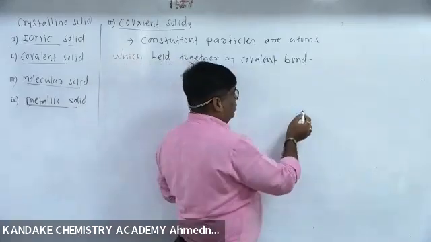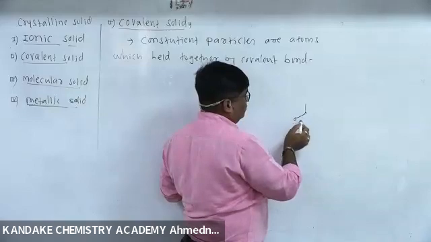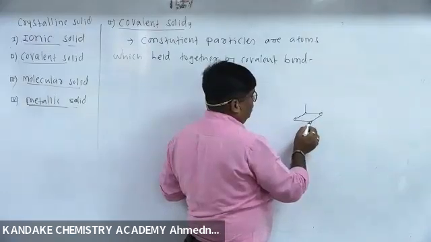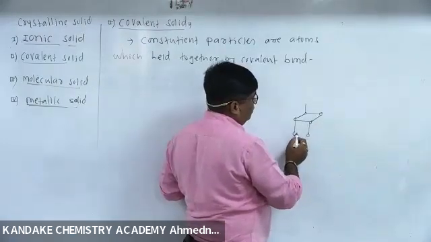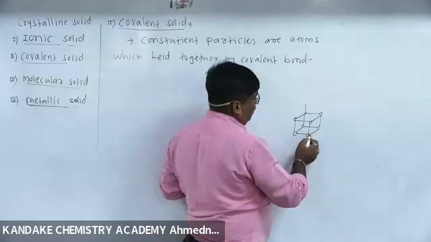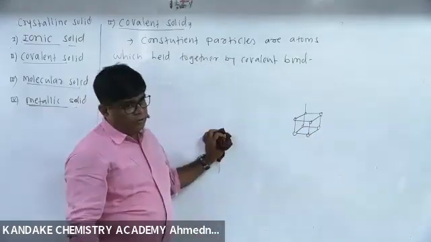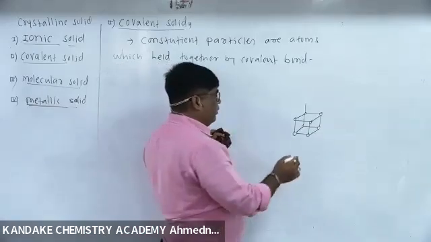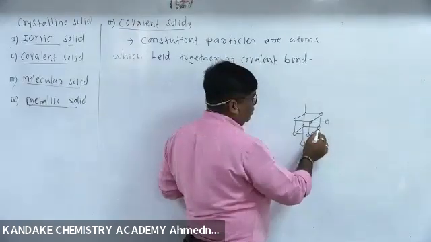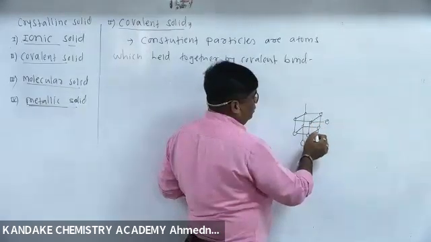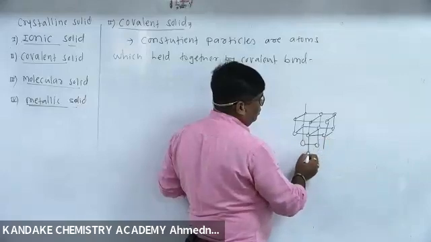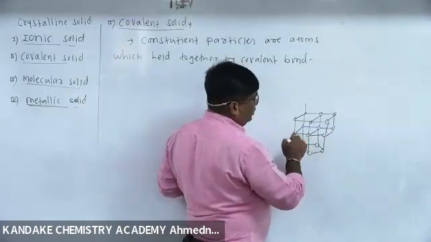Now when you're talking about this covalent solid, suppose this is the covalent solid. काय शेप दिसतो तुम्हाला? काय शेप दिसतोय? क्यूबिक. मग हा कॉर्नरला काय? कार्बन. आता हा शेप आला क्यूबिक. येते लक्षात तुमच्या?